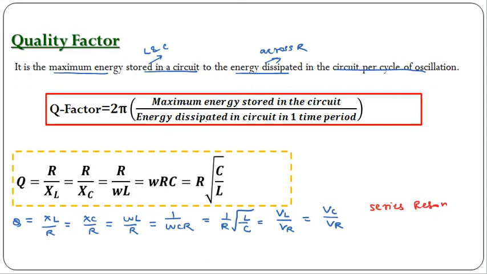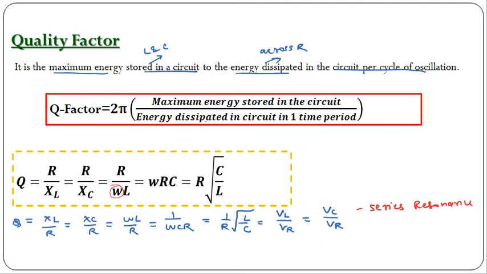Now the formula for the quality factor in case of parallel resonance is, you have to just take the reciprocal of these terms. If you reverse the series resonance formula, then you will get the formula of the parallel resonance. So simply it is given by R by XL, equal to R by XC, which is equal to R by omega L, where omega is the resonating frequency.